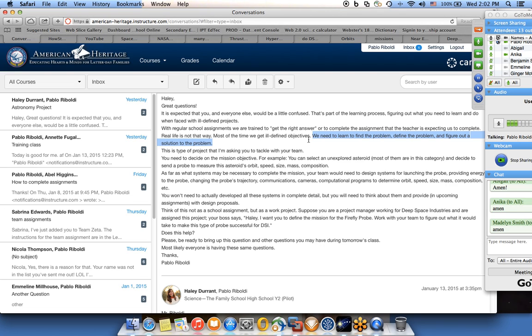For example, you can select an unexplored asteroid, and most of them are unexplored, and decide to send your Firefly probe to that asteroid. Today we are going to look at some other missions that have done similar things.